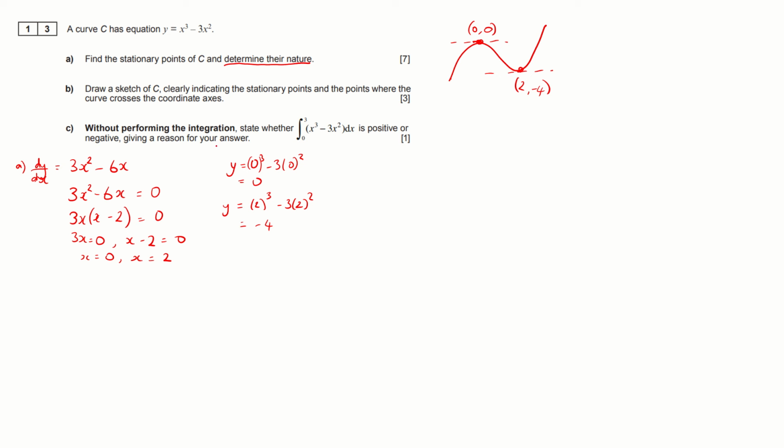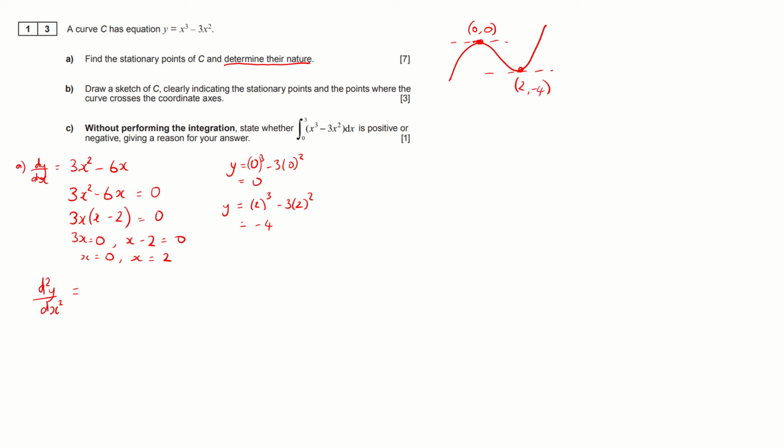Now, I've assumed the shape of the graph there because I roughly know in my head what that's going to look like, but you need to prove it. You need to determine the nature of those stationary points, which one's the max, which one is the min. I find that from d squared y by dx squared, the second derivative.